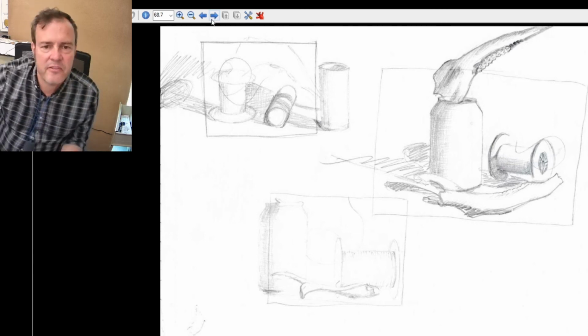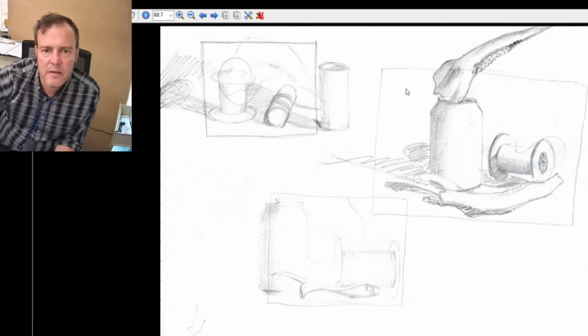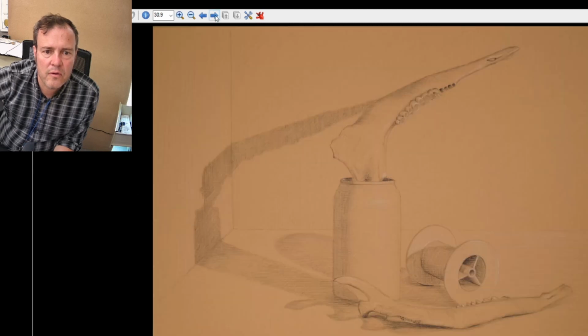I don't seem to have the final thumbnail for this project, but again, see what's going on here. Setting something up, experimenting with cropping, and then trying something else. And that happens to be the final project that came out of some of those drawings.